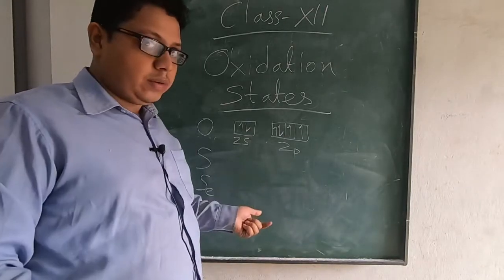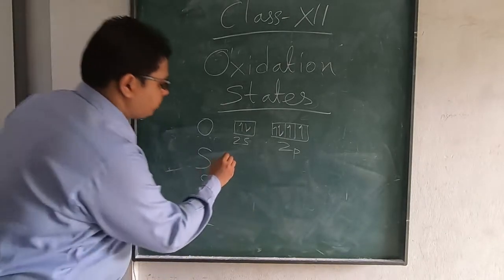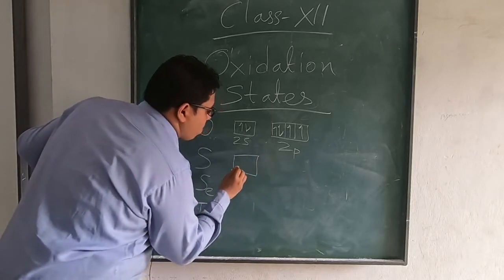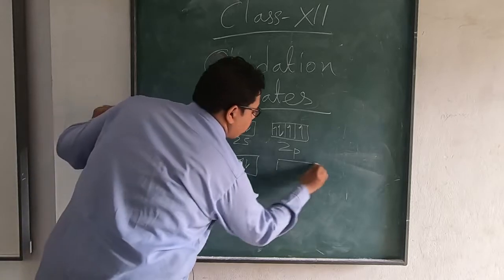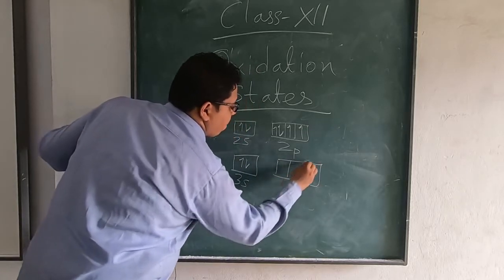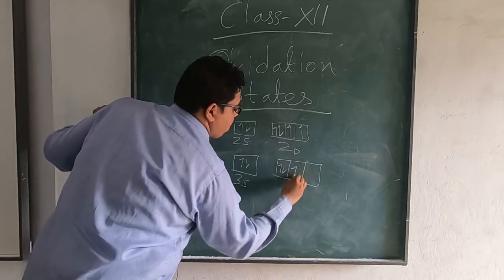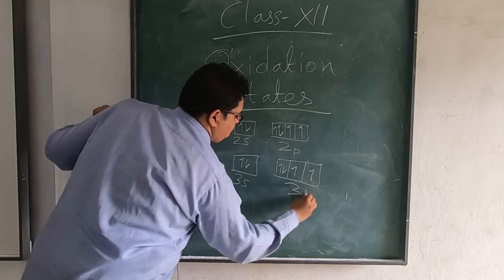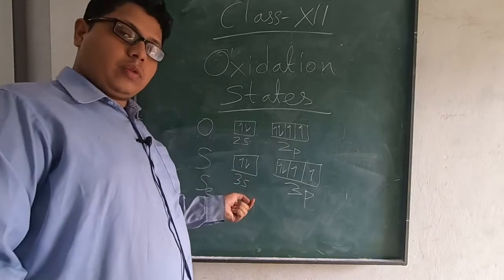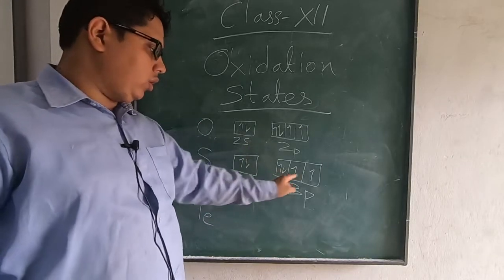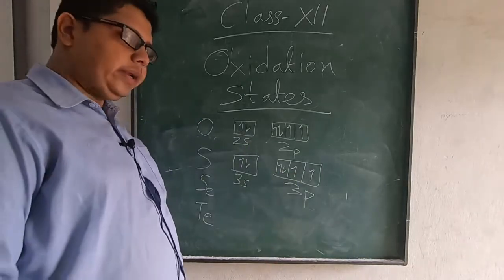However, sulfur has 3s2 and 3p4, where 2 are unpaired, right?